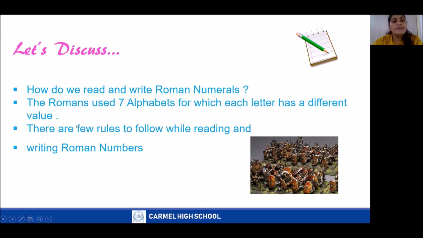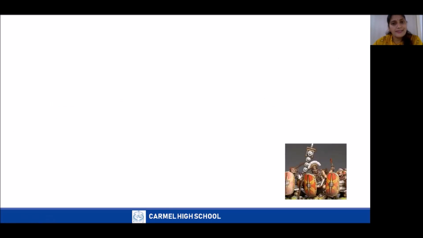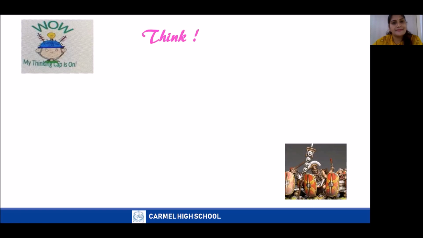And also, we have a few rules to follow while reading and writing the numbers. We need to follow these rules. Now, put on your thinking caps and answer my question. Compare using greater sign, lesser sign, equals. Compare the numbers given.